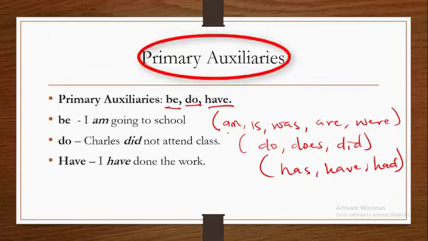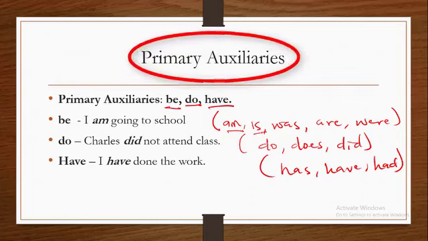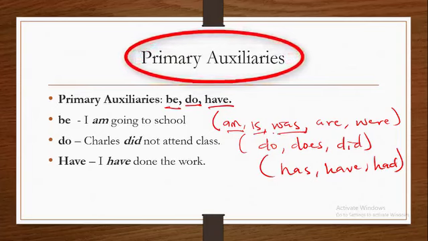So we have am used with the first person pronoun: I am. Is is used with the third person singular pronouns: she is, he is, it is. Then the past tense of is and am is was.